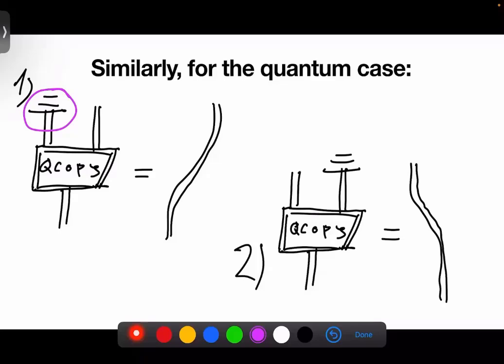If you have any questions, just, okay, then I'm going to go further. So we have this quantum copy box. We had some arbitrary quantum information here, and it got copied to 2. If you discard it, then you should just get the identity wire onto the other side, and this should be the case for both of the sides. I think this is quite clear.